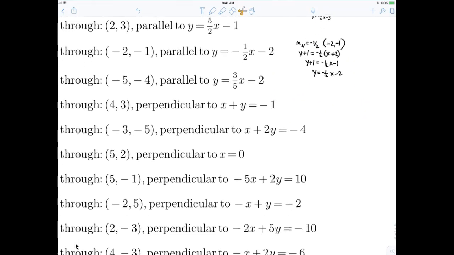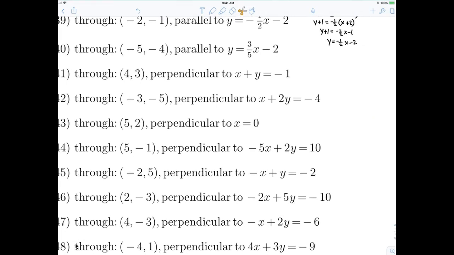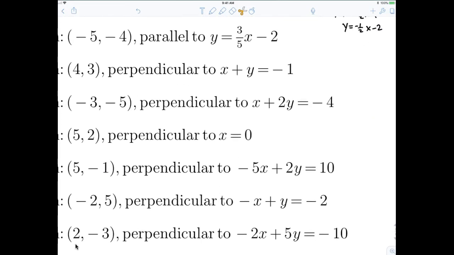All right, so now we're doing 41, perpendicular. Right underneath that, the slope of that line is what? Be careful, Daniel. The slope is 1. Isn't it -1?